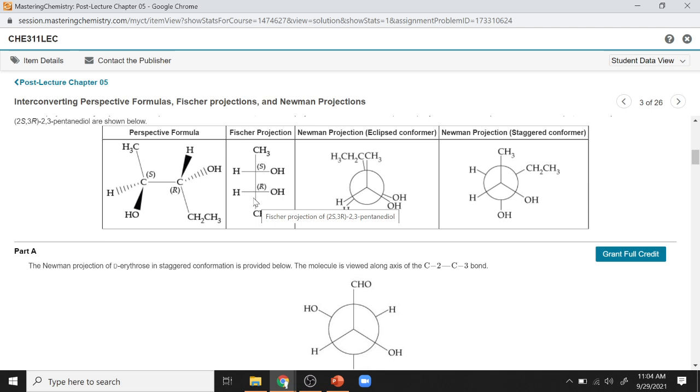So if I looked down this bond, so sort of orient yourself, think about orienting yourself so you're looking down that bond. My left-handed side would be my OH typically, right? Okay, and that would be on top. My right-handed side would be on top, this H, right? Okay. Another way of representing that would be flipping it upside down like so. They made this a little more difficult by drawing these groups downwards.